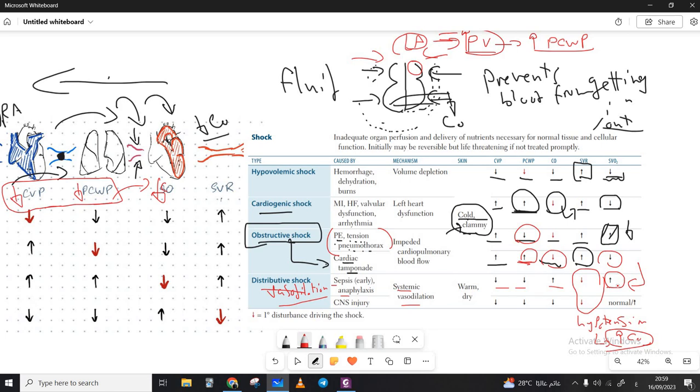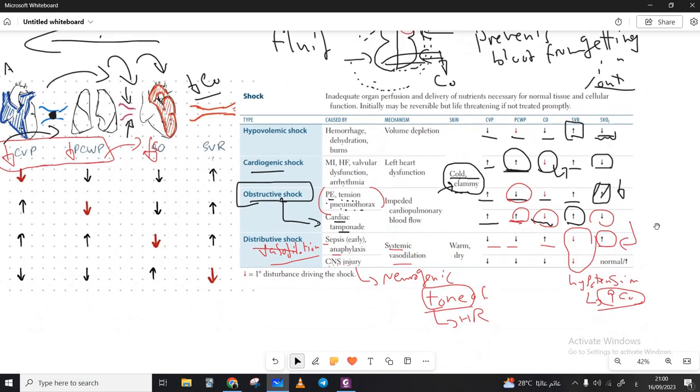Last thing is, we have also a slight variation, which is a CNS injury. And the CNS injury means something like neurogenic shock. And by the way, our CNS maintains the tone of the heart, and also maintains the heart function itself, or the heart rate.